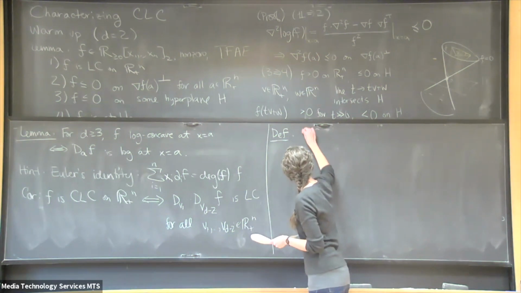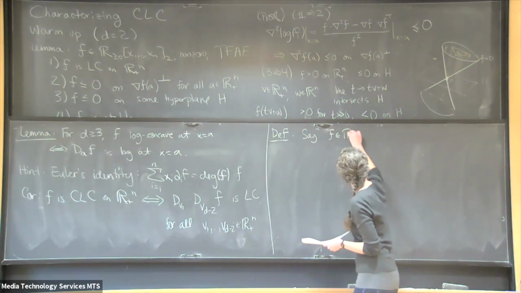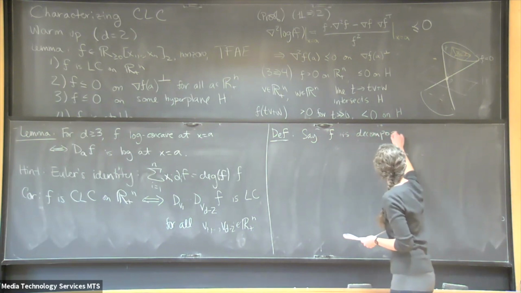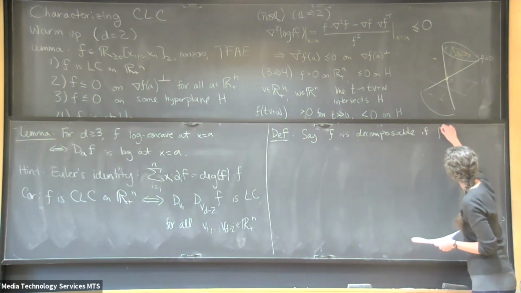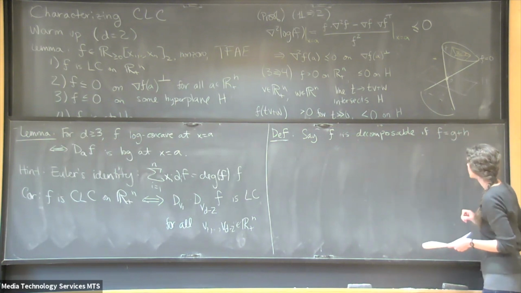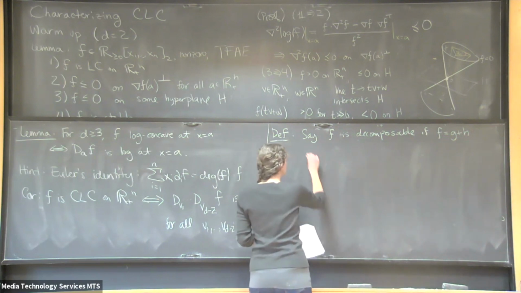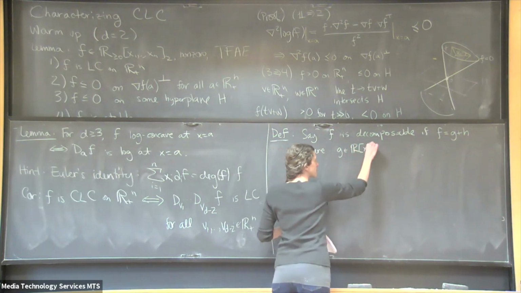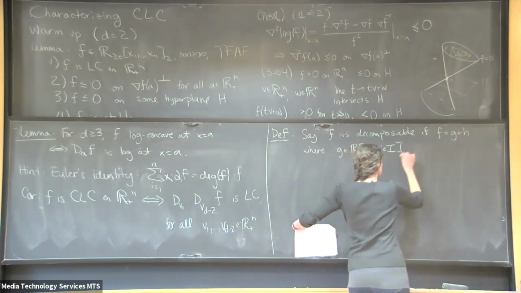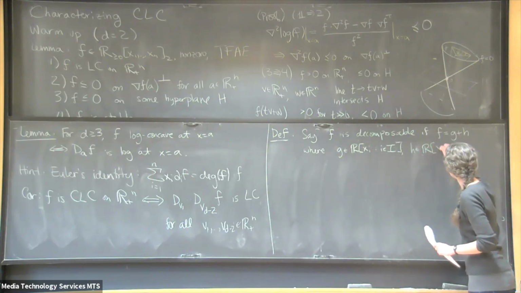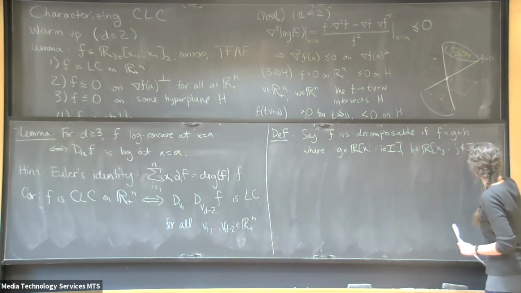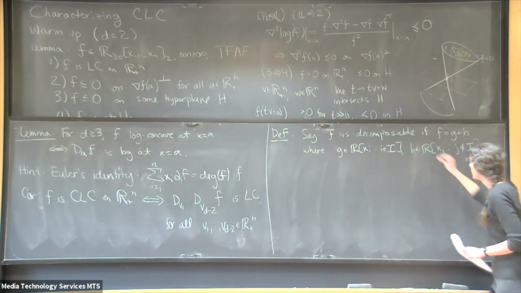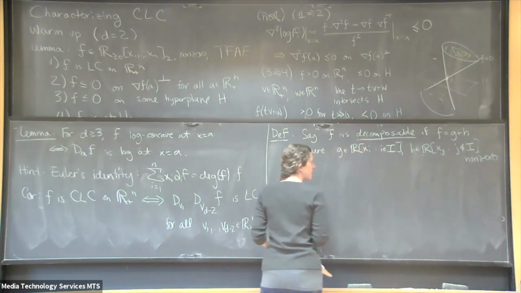We're going to say that a polynomial is decomposable if I can write it as the sum of two polynomials in disjoint variables, g in some collection of variables and h in the other variables, both non-zero, and indecomposable otherwise.